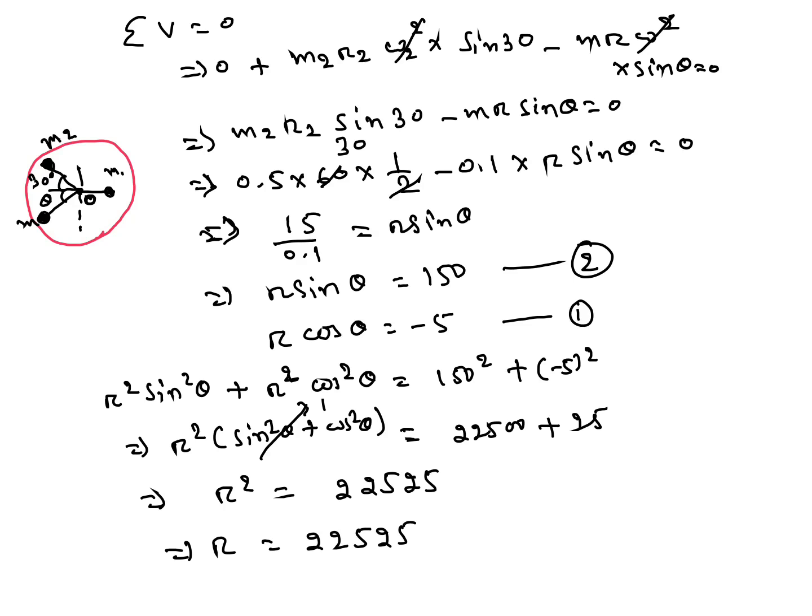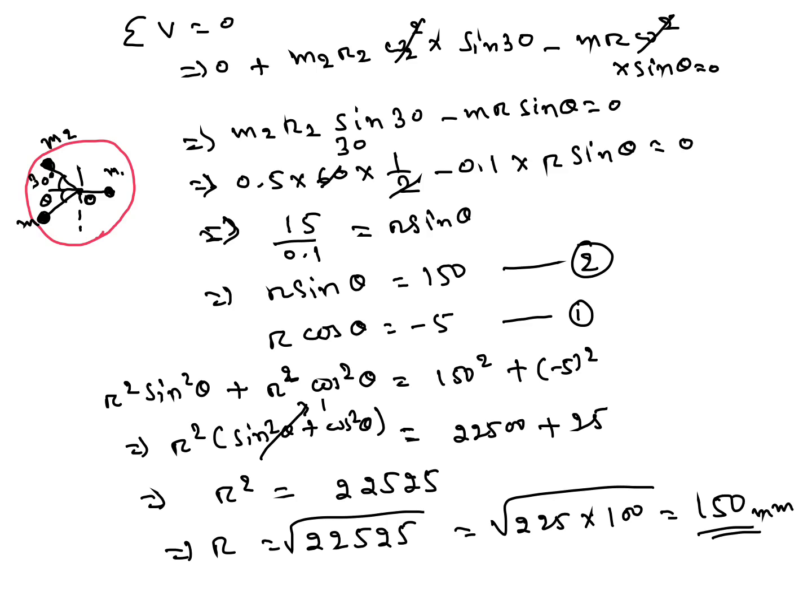Root of 100 is 10 and root of 225 is 15. So approximately 150 mm. So we have to check from the options: 150 mm, C is our answer.